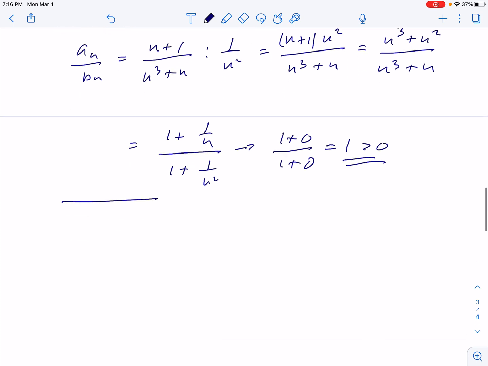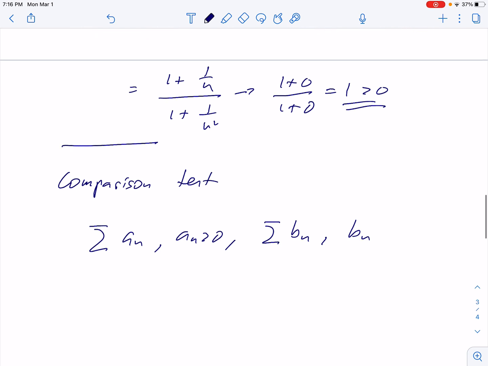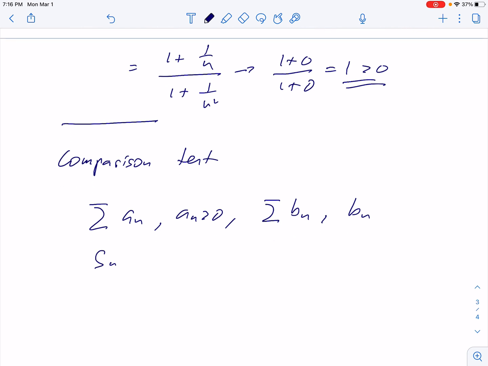There is another comparison test which compares directly two series. Let's just call it the comparison test. Again, we're given two series with positive terms, A sub n and another series B sub n with positive terms. And now suppose A sub n is less or equal to B sub n for all n.